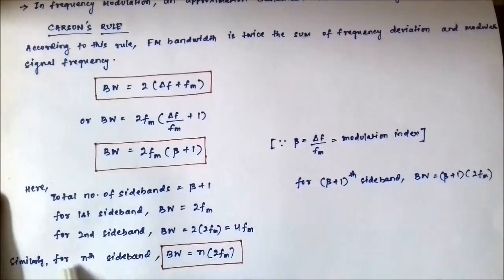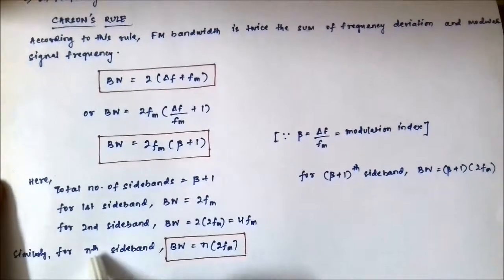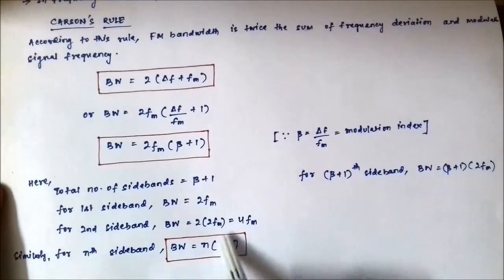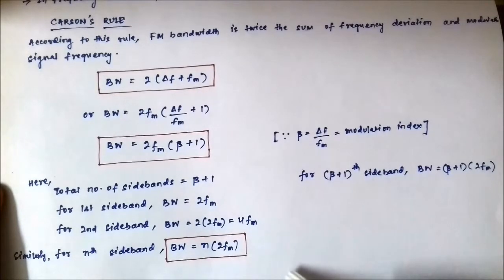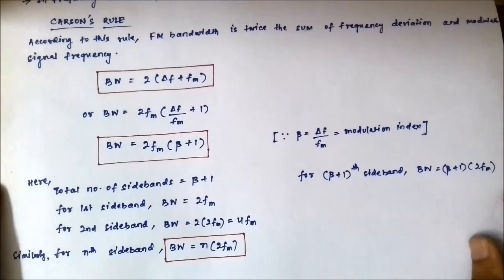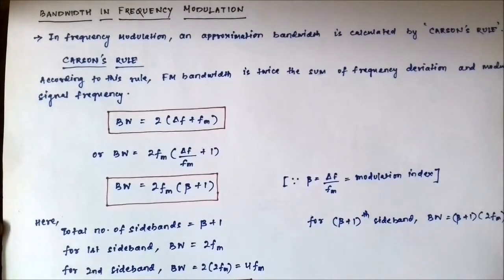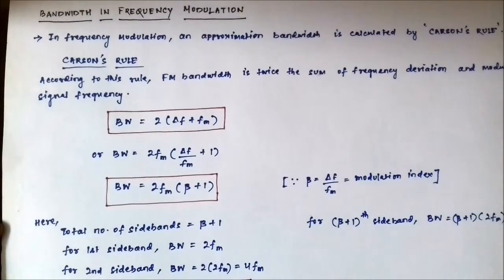So the general formula is that the bandwidth of the nth sideband is n into 2fm, where fm is the modulating signal frequency. So the bandwidth in frequency modulation is very high, as the number of sidebands is high in frequency modulation as compared to that in amplitude modulation.